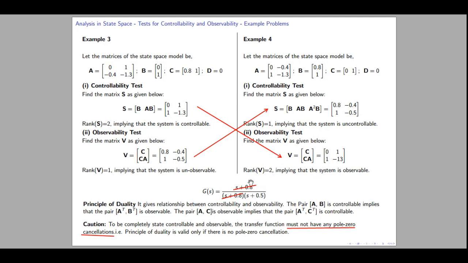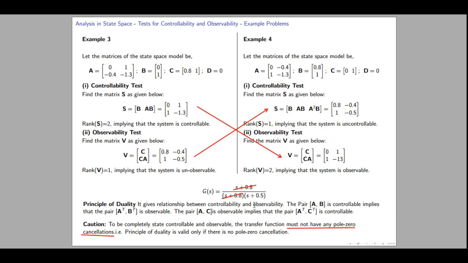What is the reason? If I find the transfer function for the system, what I find is there is a pole zero cancellation. One pole and one zero get cancelled. These two factors get cancelled, and what will remain is only s plus 0.5.